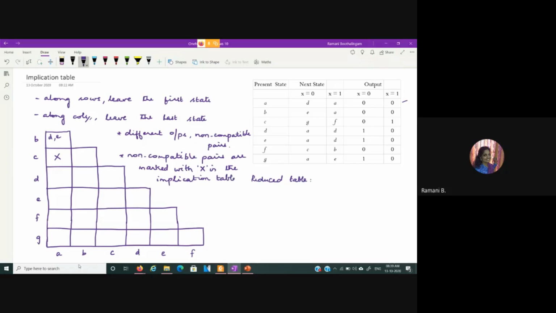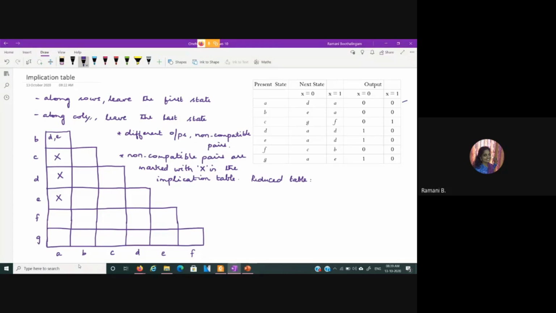Likewise we compare all these states. Comparing A with D, here also the outputs are different. Then A with E, again the outputs are different. A with F, the outputs are same. However, here we don't know the case.